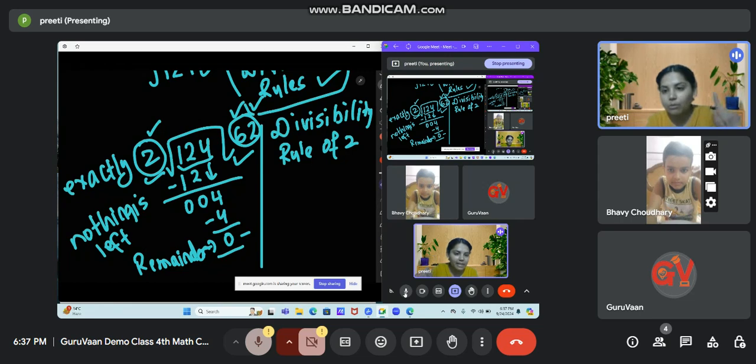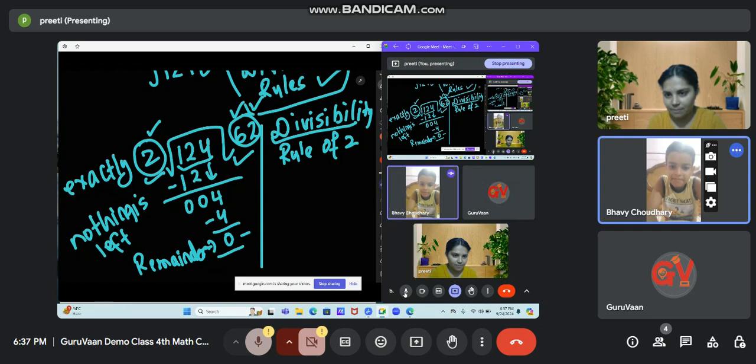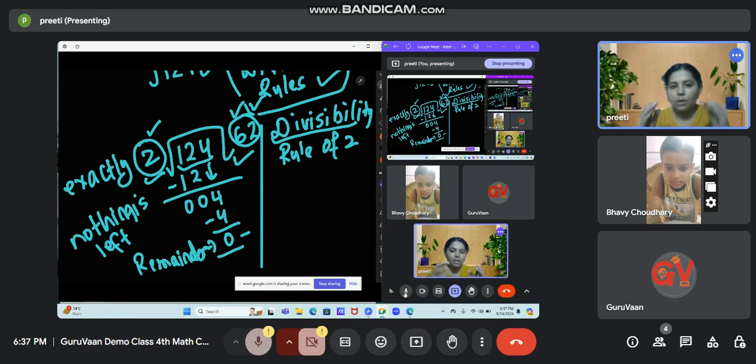While we were dividing, we were using the table of 2, right? Yes, ma'am. So you can say divisibility is connected to what? Ma'am, divisibility... When we want to divide, that has a connection with something that we call the multiplication table, right?